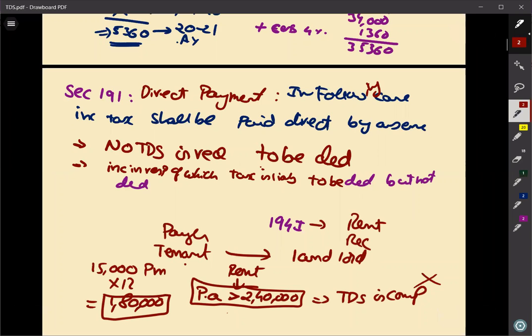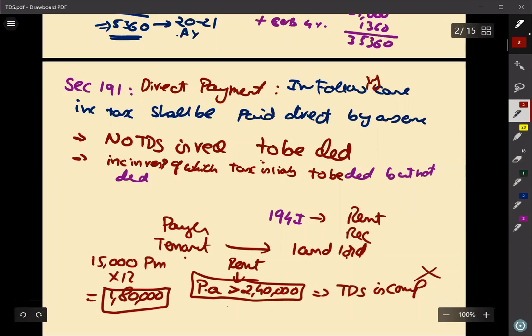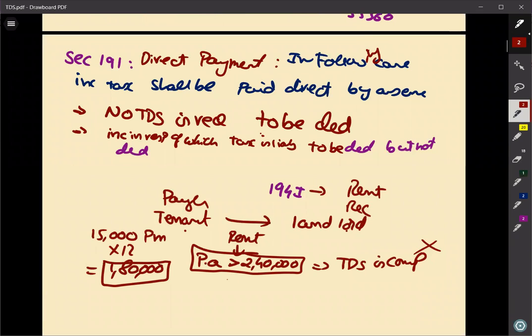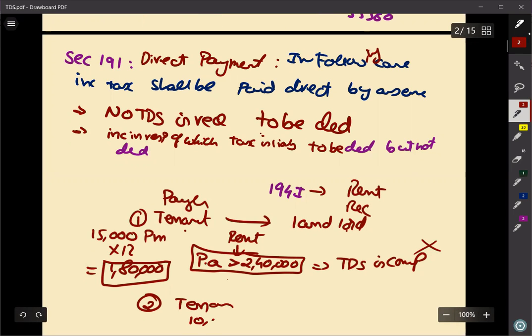Now let us assume this landlord has two tenants, tenant number 1 and tenant number 2. The second tenant is also paying him 10,000 rupees per month as rent. 10,000 into 12, the total amounting to 1,20,000.